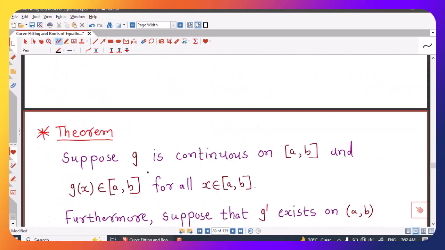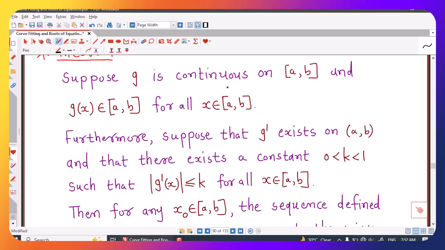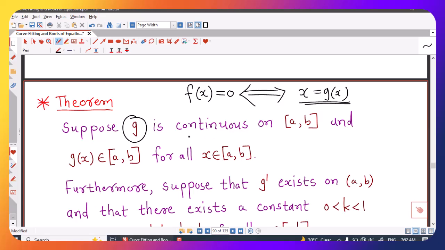I have summarized all these things in this result or theorem. Suppose we are able to rewrite our equation in the form x = g(x). We are interested in solving the equation f(x) = 0 that we have written equivalently in this form x = g(x). And suppose this function g is continuous on the closed interval [a, b].